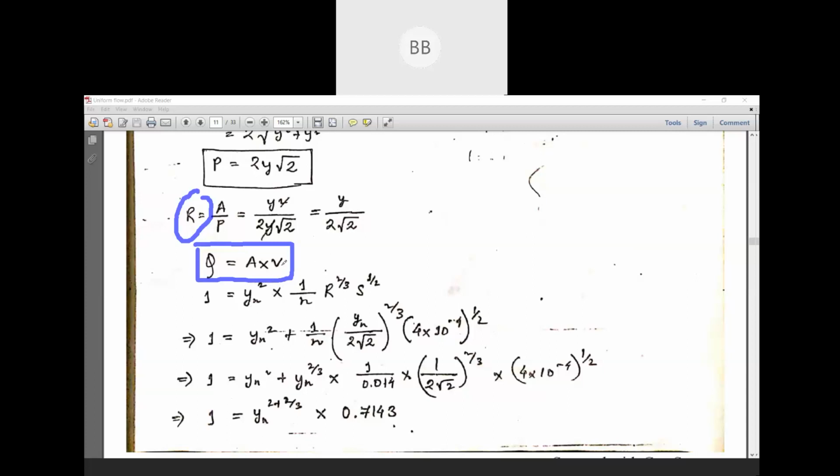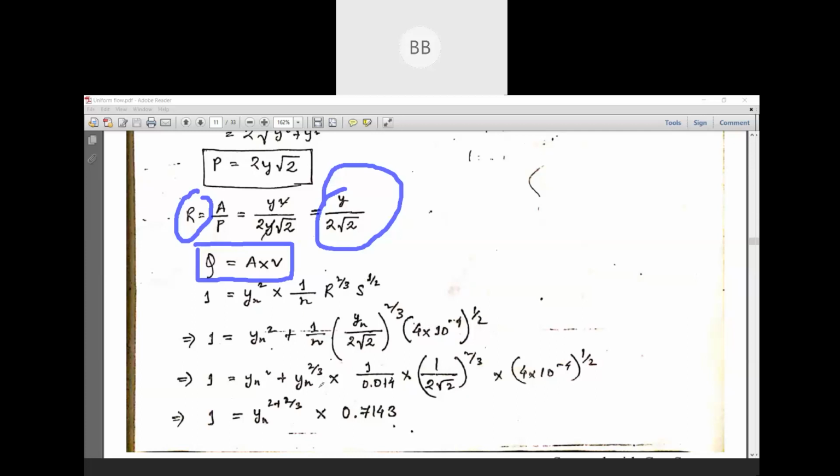Again, for calculating velocity, as Manning's equation is given, we have used Manning's equation: v equals 1 by n, R to the power 2 by 3, S to the power half. So the discharge is y square times 1 by n, and in place of R we can substitute this expression, y by twice root 2, to the power 2 by 3. The slope is already given, the longitudinal slope or bed slope, 4 into 10 to the power minus 4.